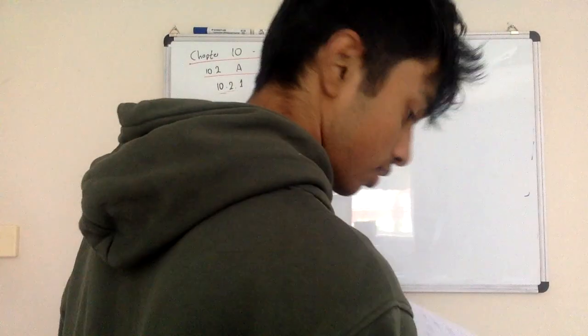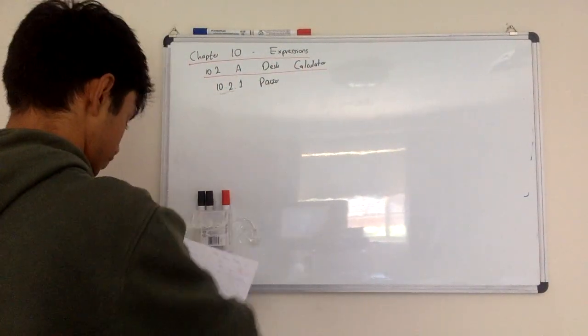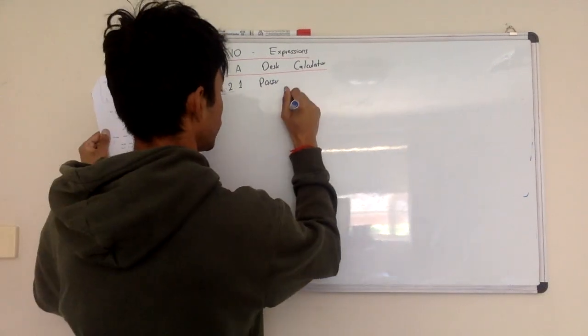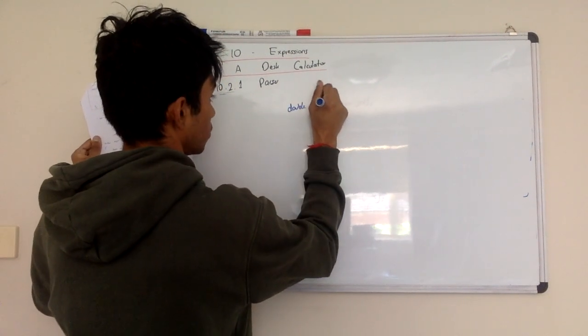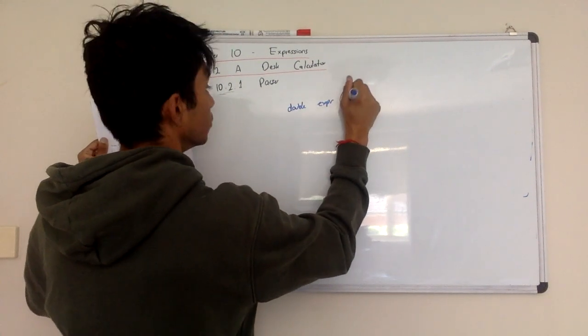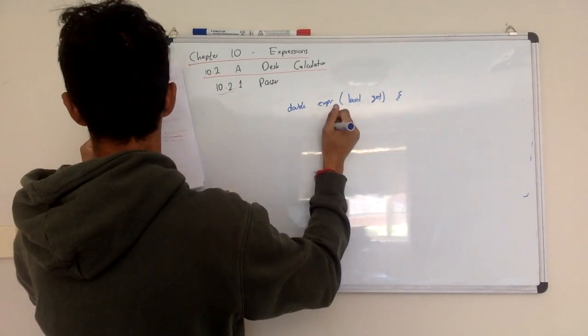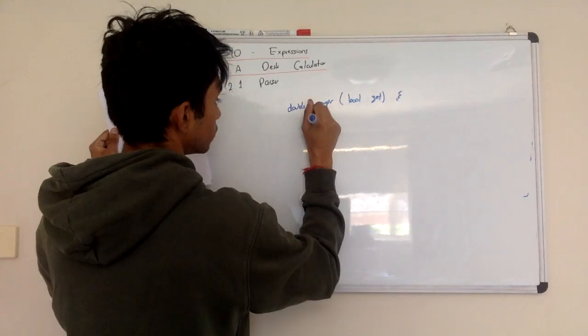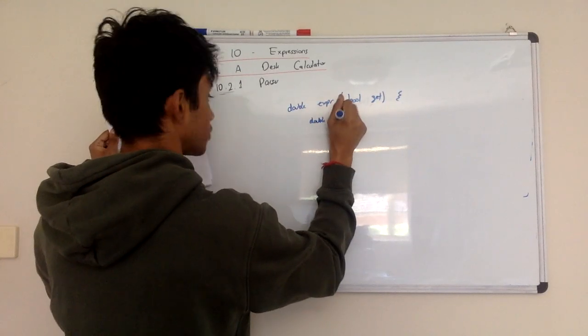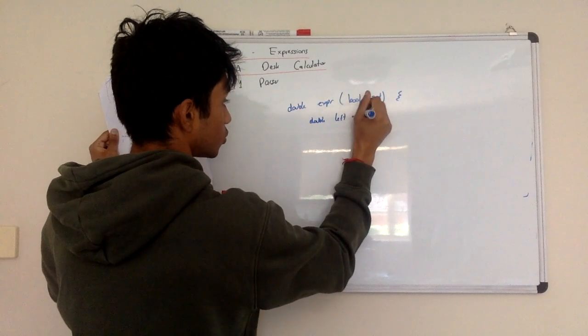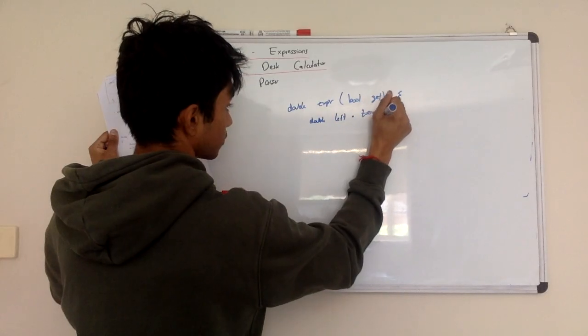In the sense that it returns a double, we call it expression, expr, bool, get. So double left equals term get, right?